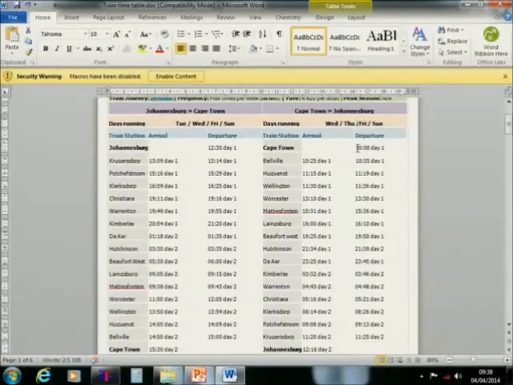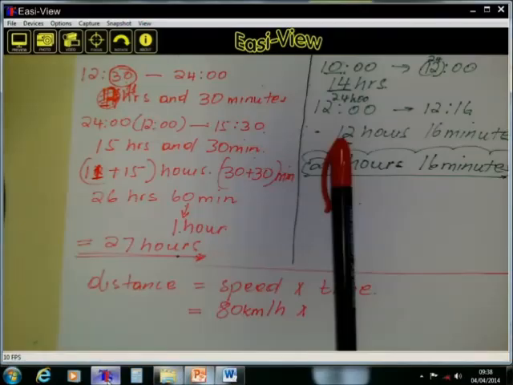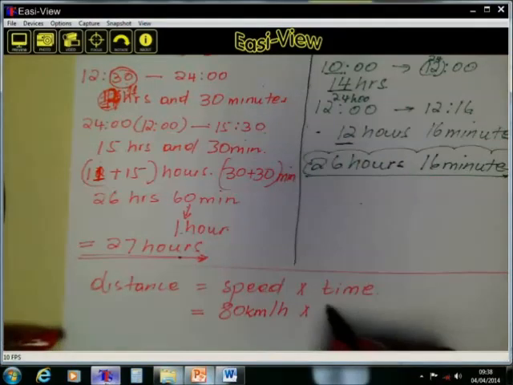From Cape Town to Bellville, the train left at 10 o'clock and arrived at Bellville at about 25 minutes past 10. So in other words, it takes 25 minutes to reach Bellville from Cape Town.